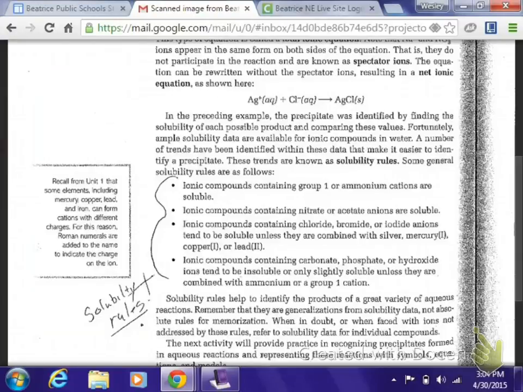Okay? Now, chloride, bromide, iodine, they're all -1s, and they're just off the periodic table. So you don't have to do that. Mercury 1 is Hg, silver, you can get that off the periodic table. That's pretty easy to do.